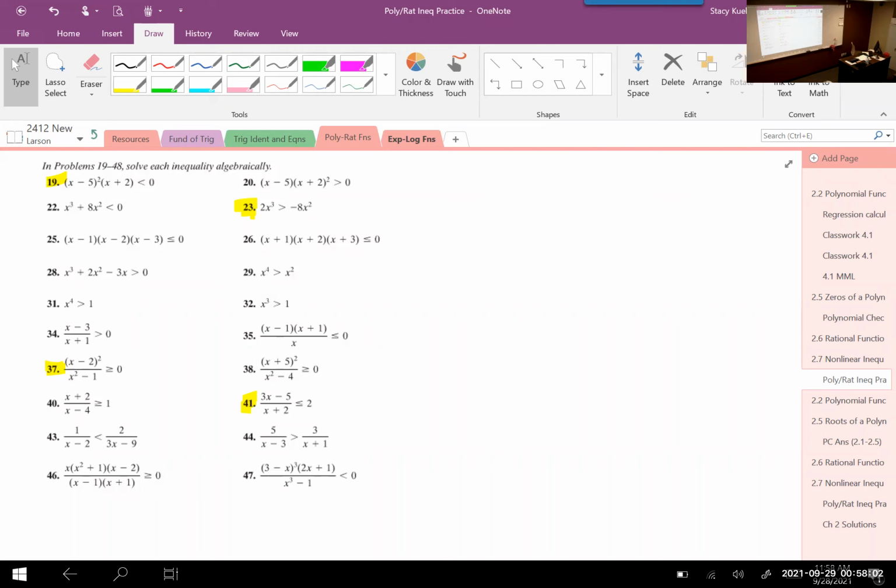Algebraic, I want to know what the x-intercepts are, right? I solved the polynomials for the x-intercepts and the asymptotes. I test points around it, and then I determine it based on that. You had to solve the x-intercepts from the polynomials, and then we draw our test axis, right?